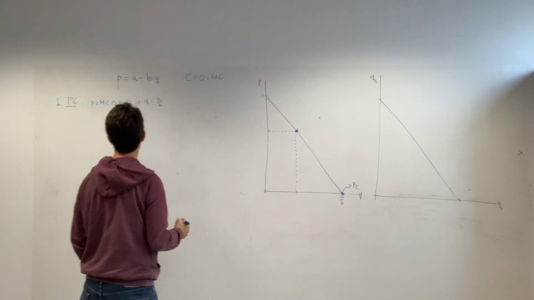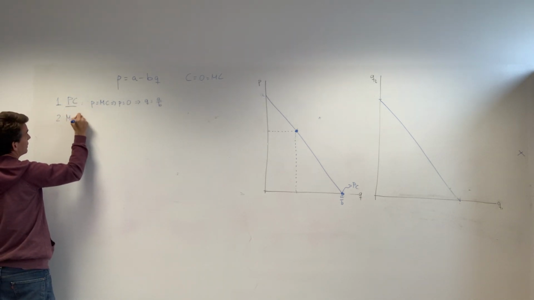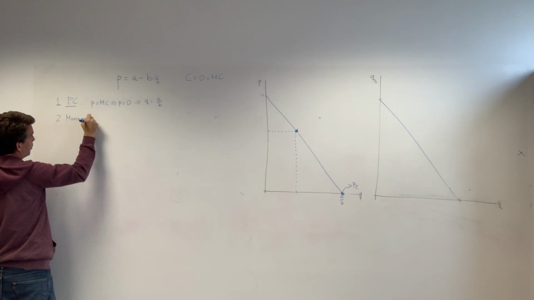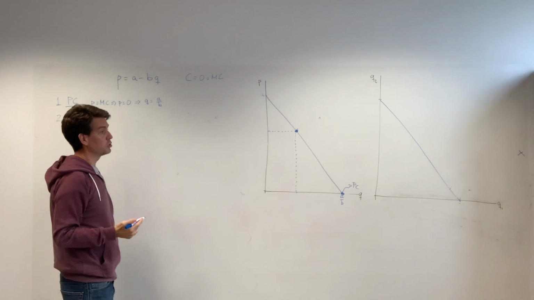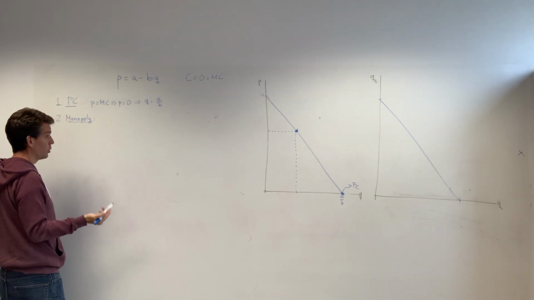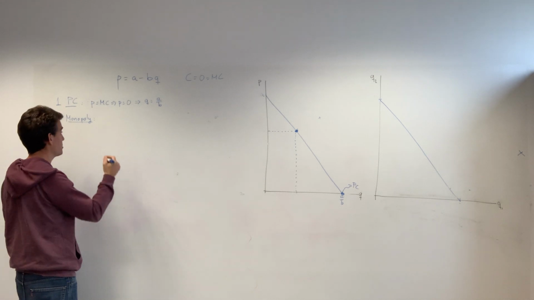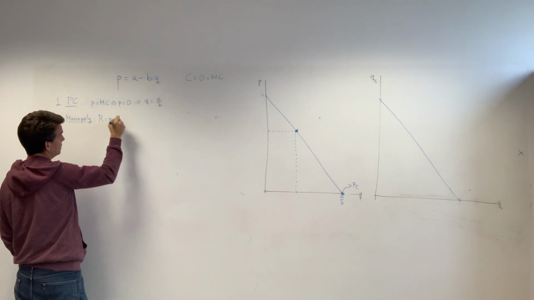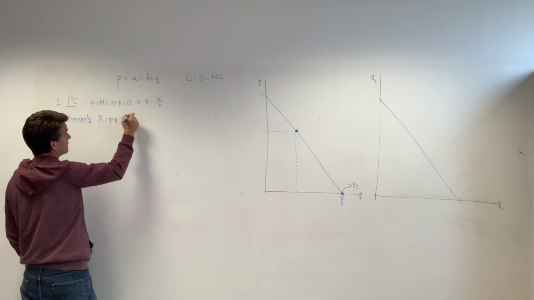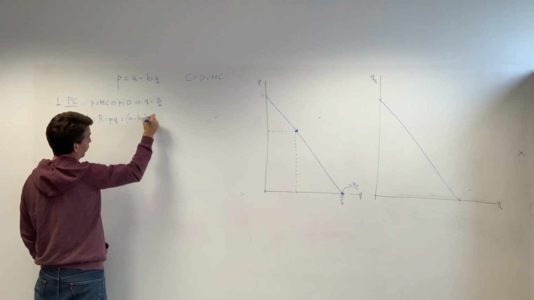Okay? Now, let's see model number 2. What would happen under a monopoly? Well, under a monopoly, we know that marginal revenue equals marginal cost. What is the marginal revenue? The derivative of the revenue. What is the revenue? Price times quantity. So if revenue is price times quantity, the price is A minus BQ times quantity.